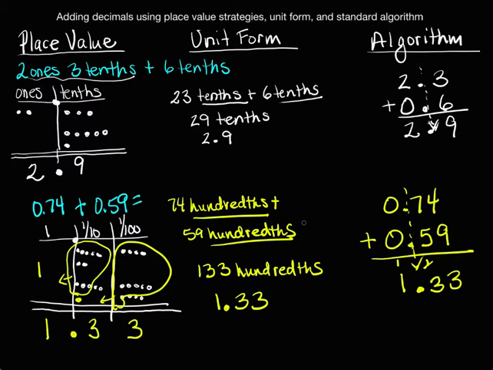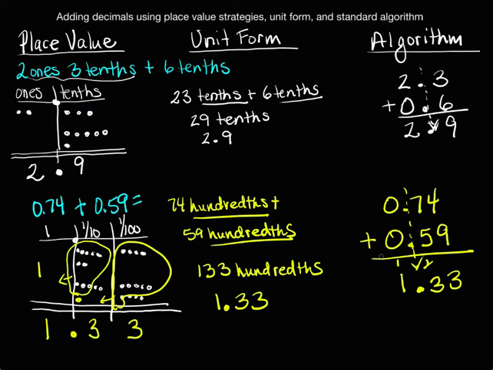You may be asking, why are we doing so many different ways? The algorithm seems so simple. Why not just always use the algorithm? The algorithm is one of the most efficient ways, and usually that's what I will use. But it's important to be able to understand why the algorithm works. And when we're adding decimals, it's very important to know that we are adding place values.